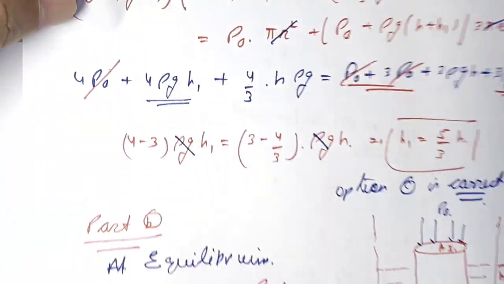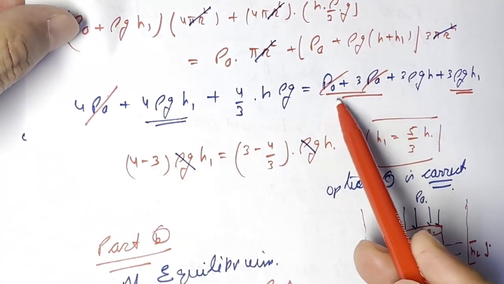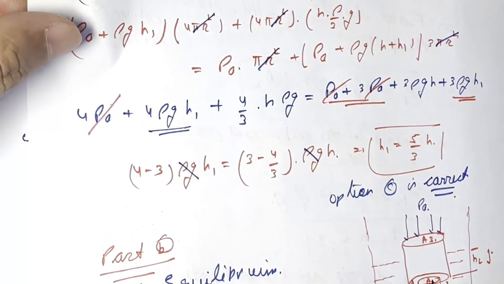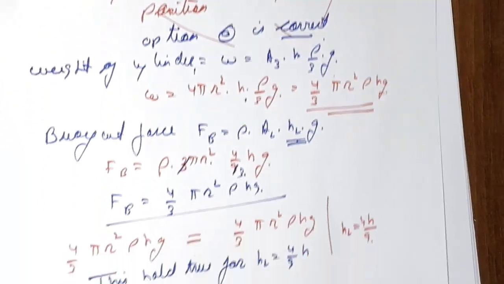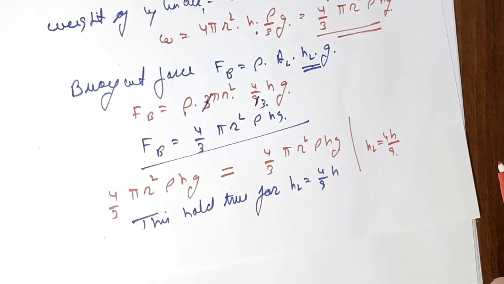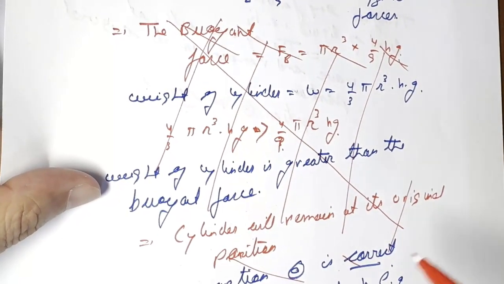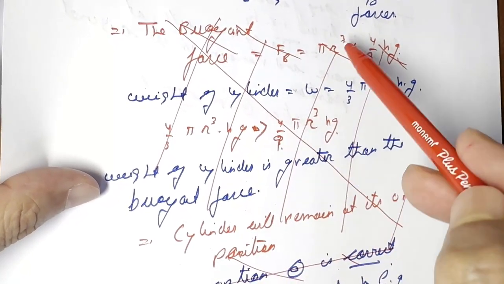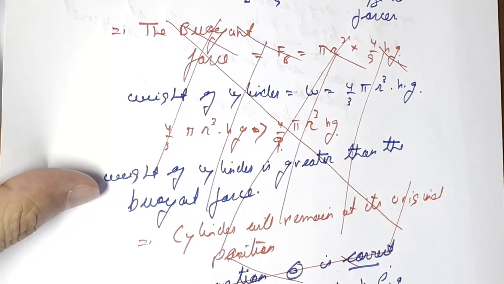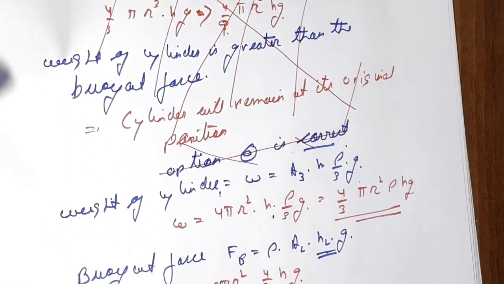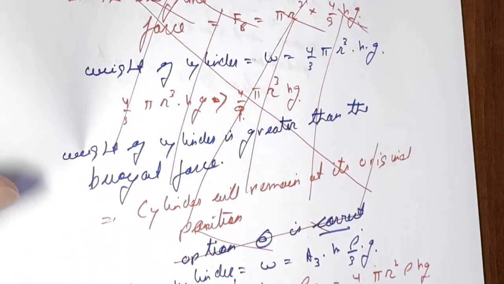From here, like we see, this is 4PA and this is PA plus 3PA, so this ultimately cancels out. So that's why we have not included the atmospheric pressure in these calculations. So I'm sorry for that. I made a big mistake in this particular solution. Hopefully now it's the correct one. This completes the question. Thank you.